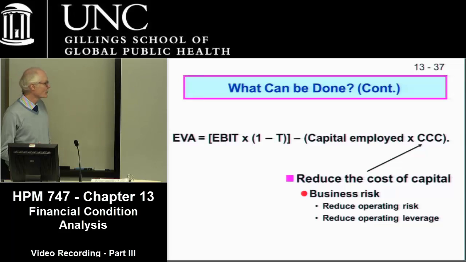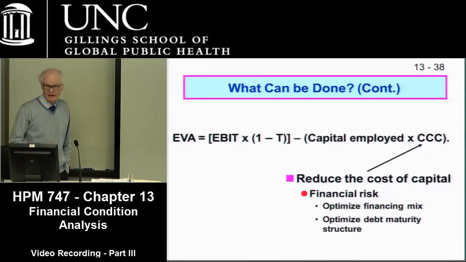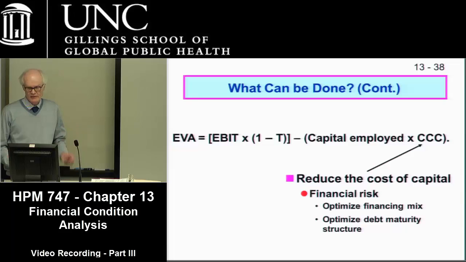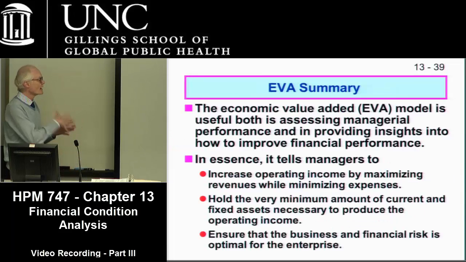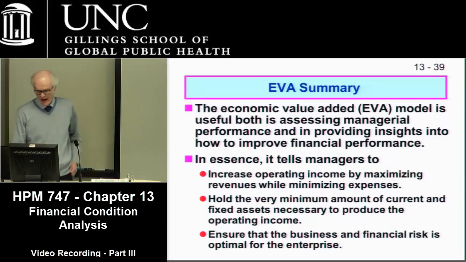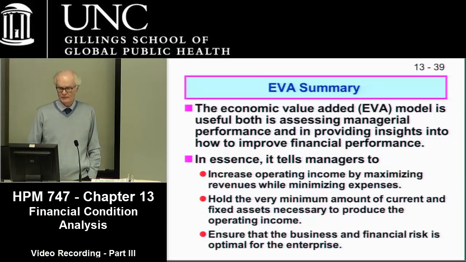Reducing the cost of capital through less fixed costs and more variable costs, and optimizing the financing mix between short and long-term debt. And so that tells you the kinds of things that management can do to actually affect these different financial ratios.